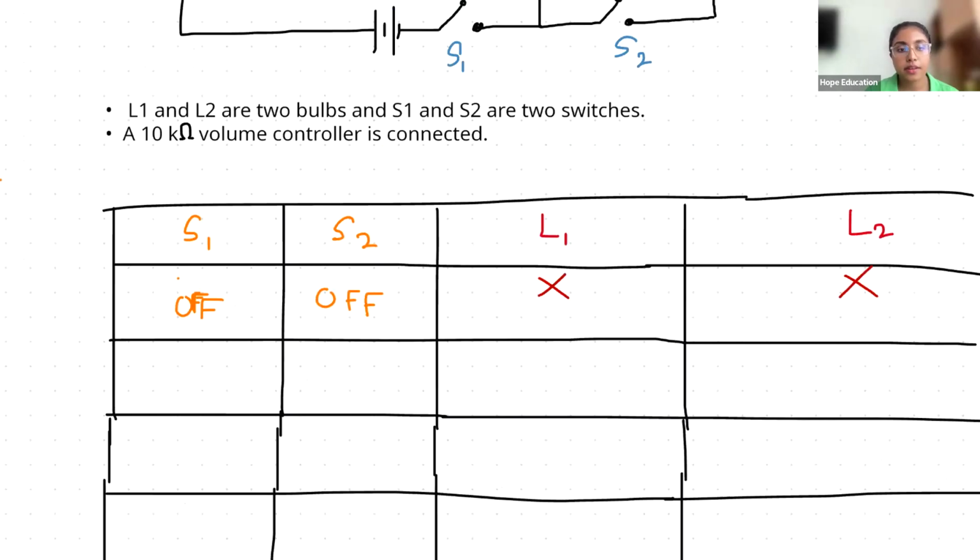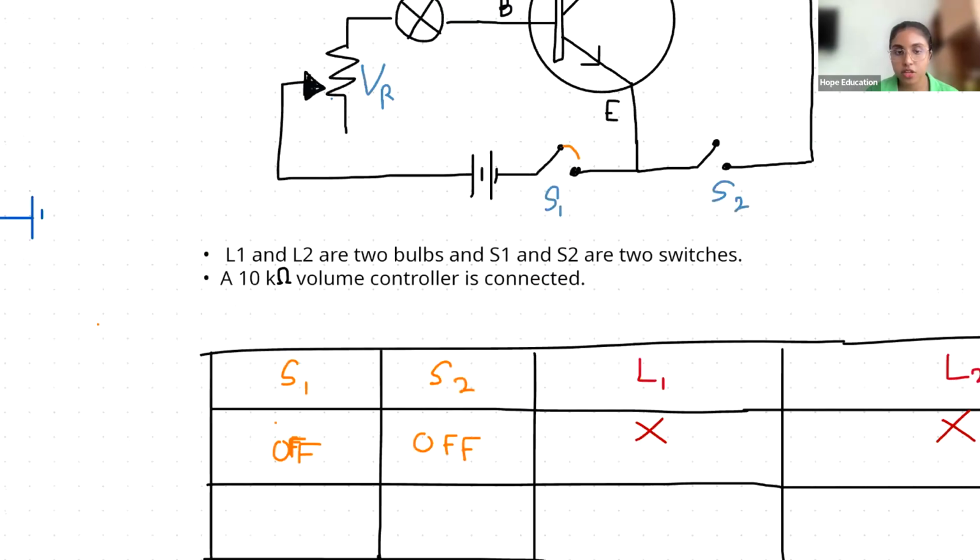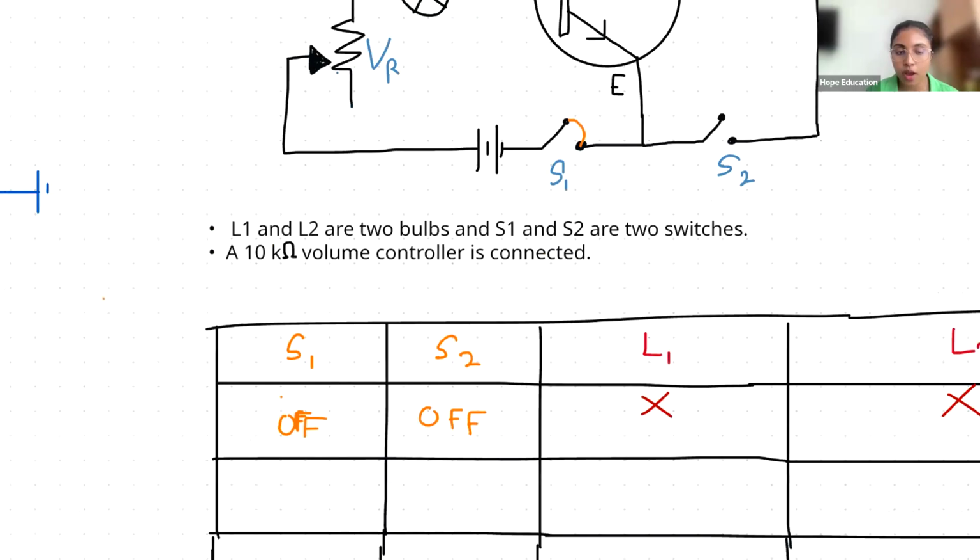Then what do I do? I'm going to turn S1 on. That means I'm going to close it. When this closes, it is on. So S1 is on but S2 is off. S1 on and S2 off. I'm going to look at the two bulbs, right?